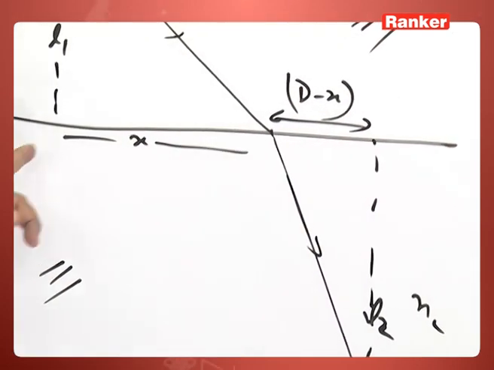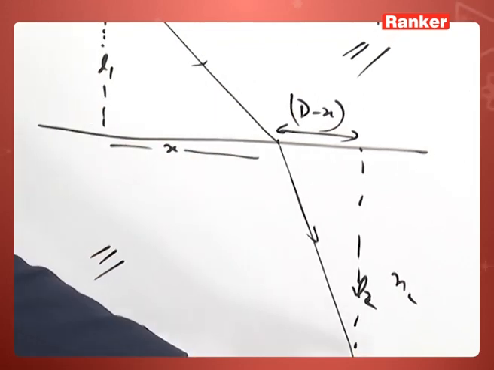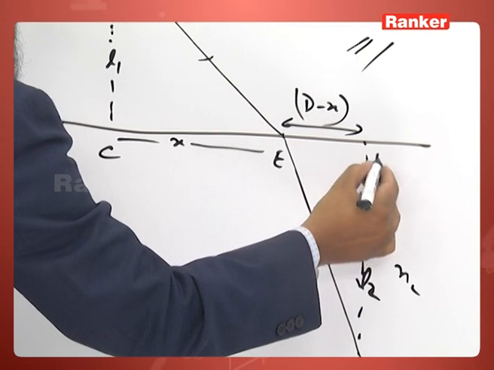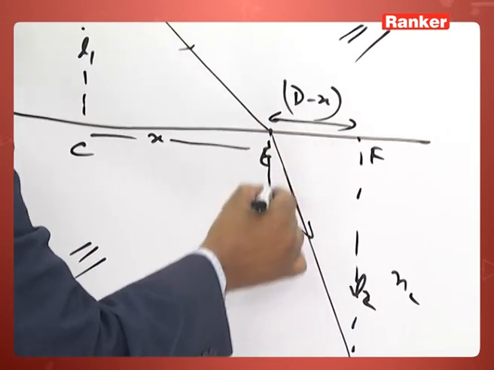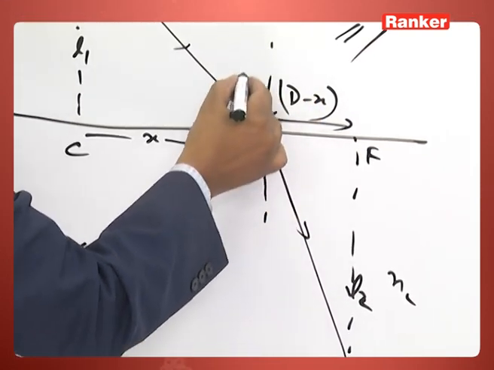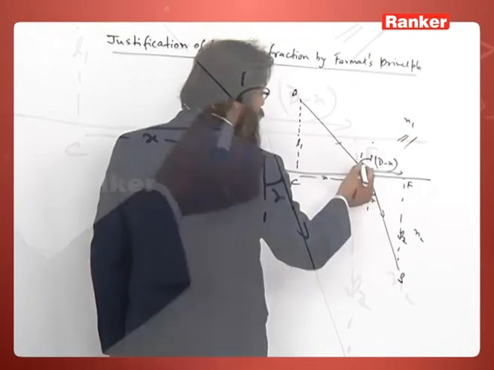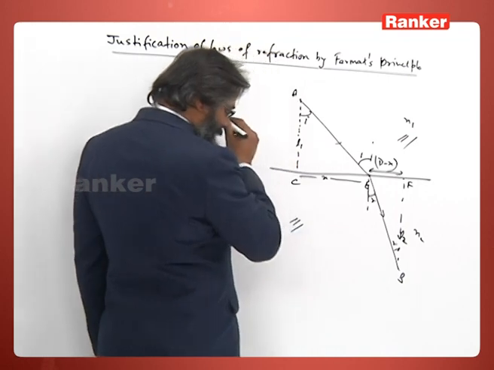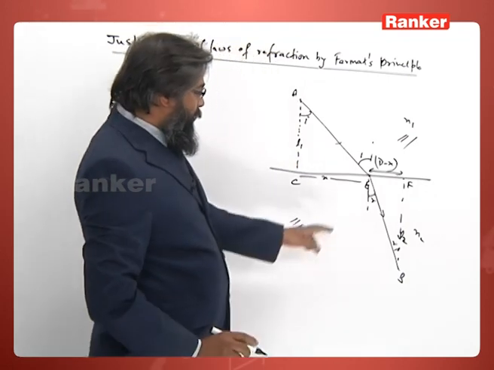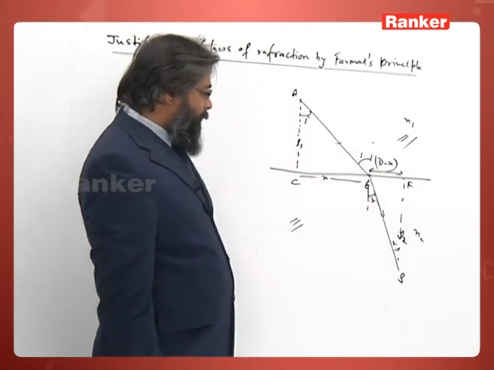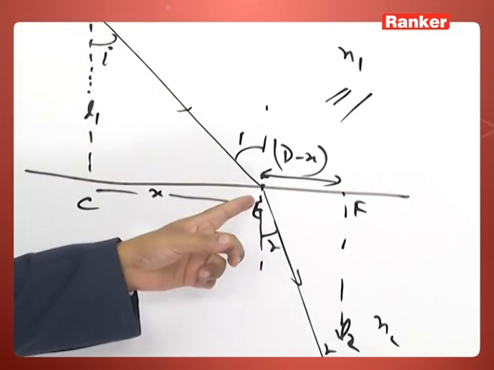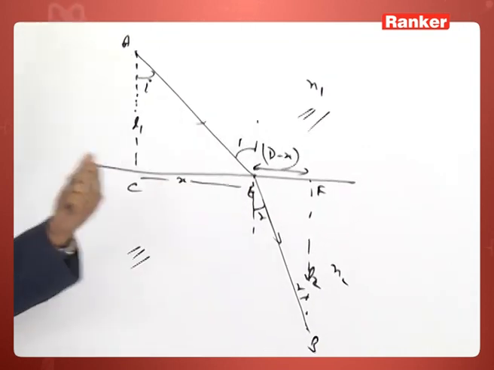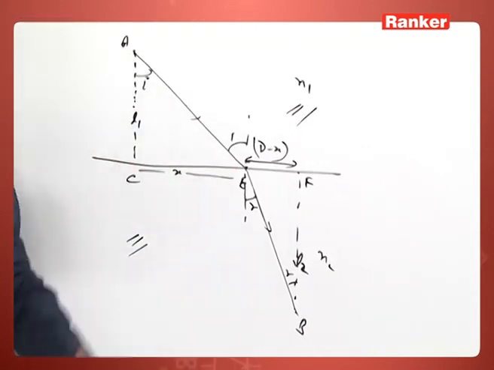This is A, B, this is C, this is E and this is F. If I draw a normal here, this angle is I and this will be R. This is x, this is D minus x.